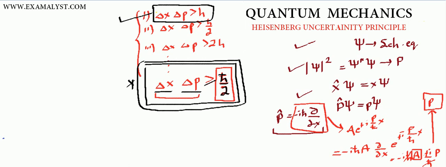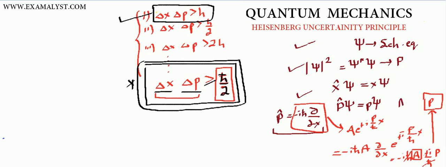So you see, when you act p on psi, it gives you the value of momentum, and that value of momentum, as you can see, is already incorporated inside the wave function. So the wave function contains the information for the momentum also. Now do you get only p? No, you have these two things outside it.